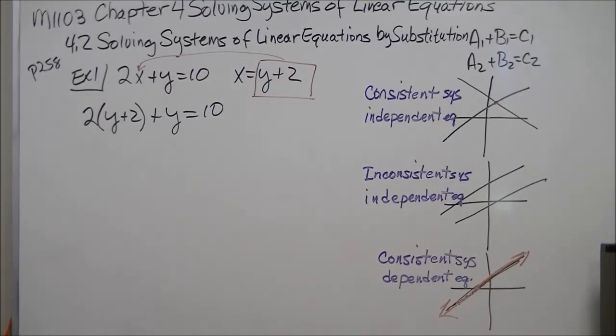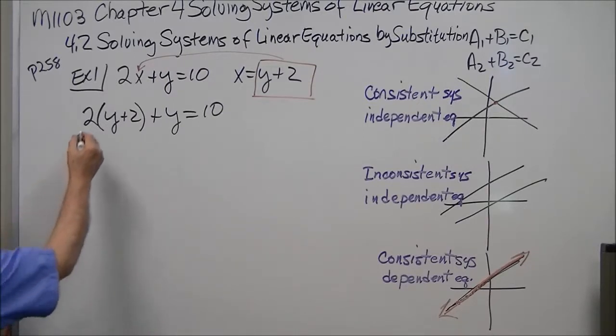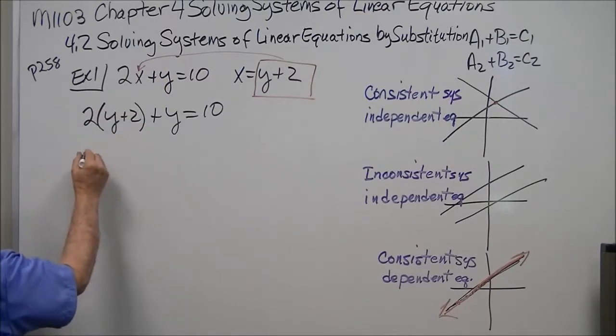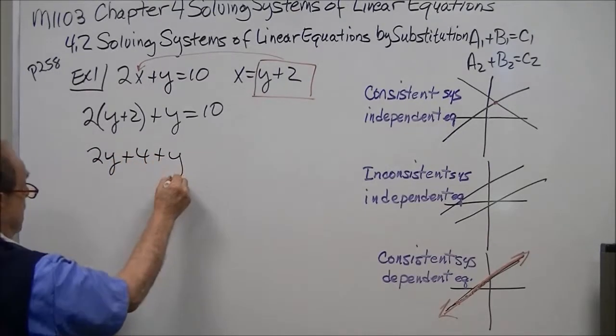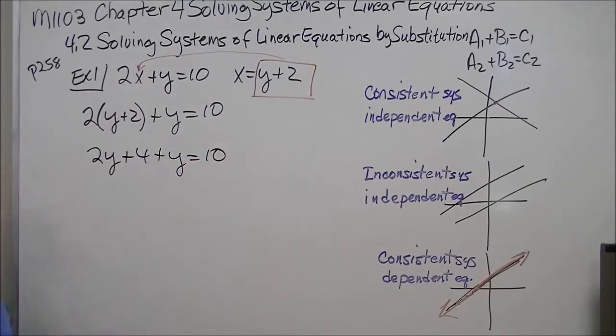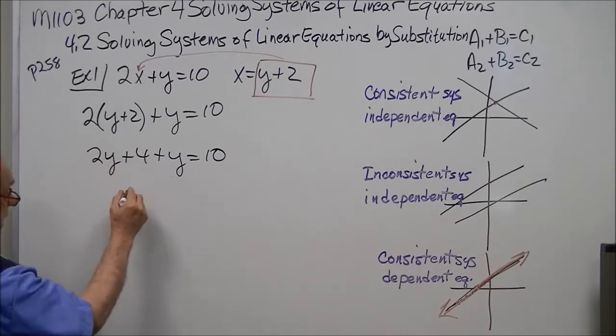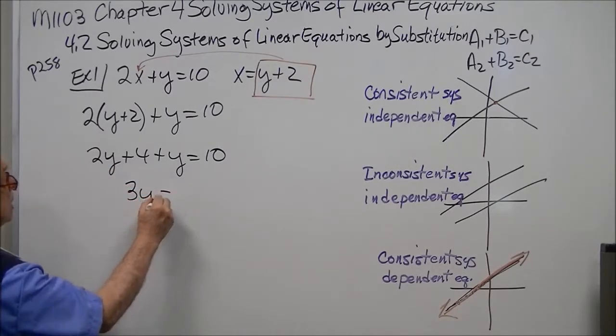So now I have an equation with only one variable, the y. So I can go to chapter 2 and use my techniques. Distribute, get rid of parentheses: 2y plus 4 plus y equals 10. Collect like terms, I get 3y.